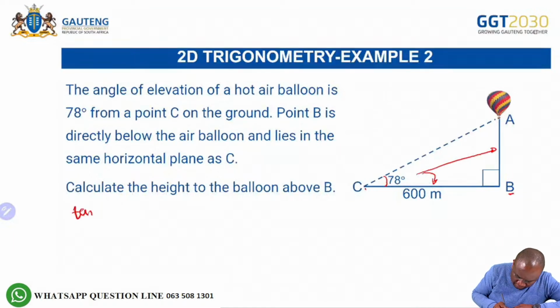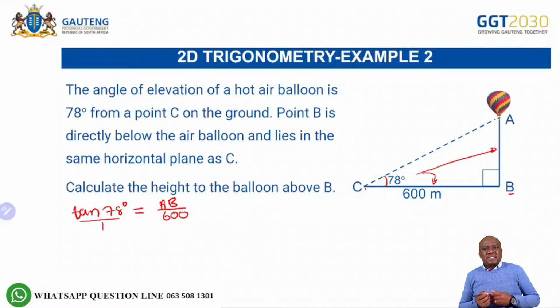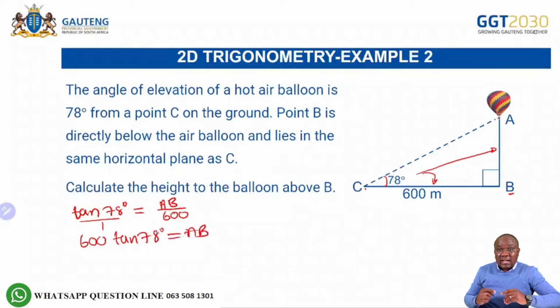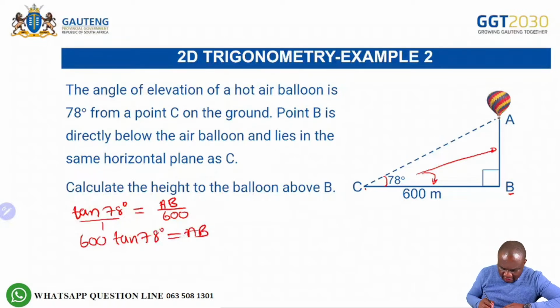So tan 78 degrees is equal to the opposite side, which is AB, over BC, which is 600. Then multiply by 600 on both sides of the equation. So 600 times tan 78 degrees is equal to AB, which is the height of the hot air balloon, the height above B.